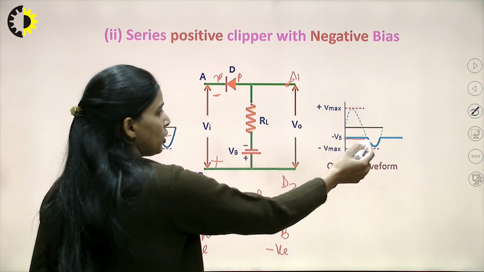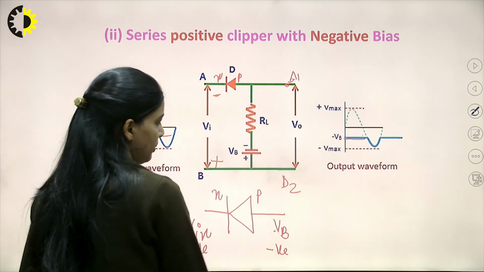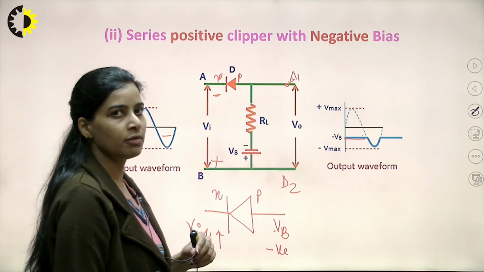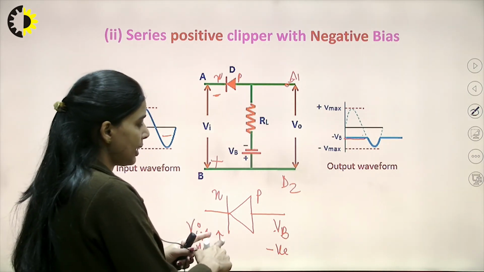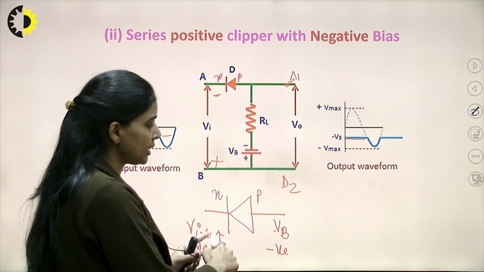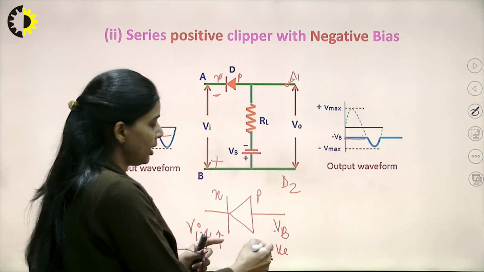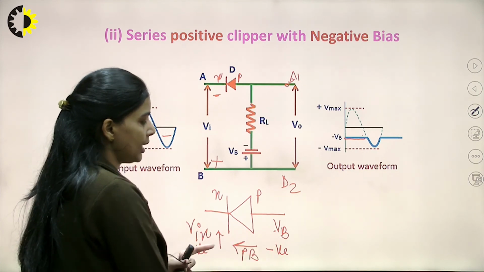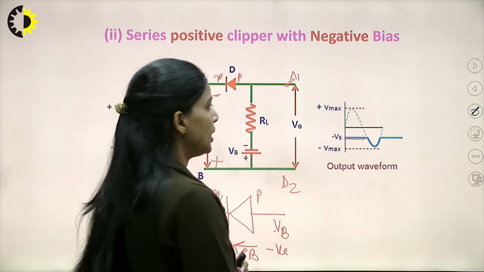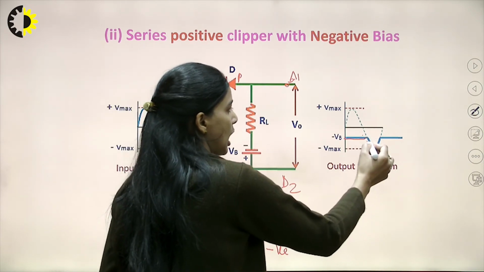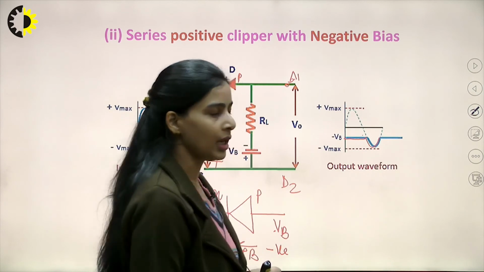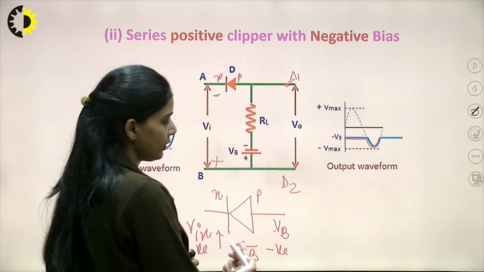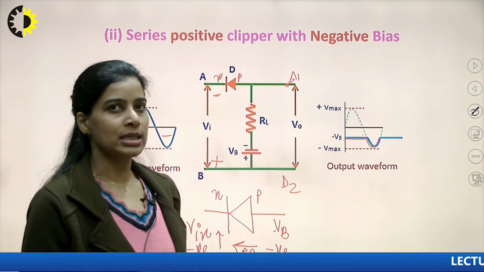When the input becomes more negative than VB, means at this N side we are having a more negative value compared to the P side, now the diode is forward biased and it is conducting current.